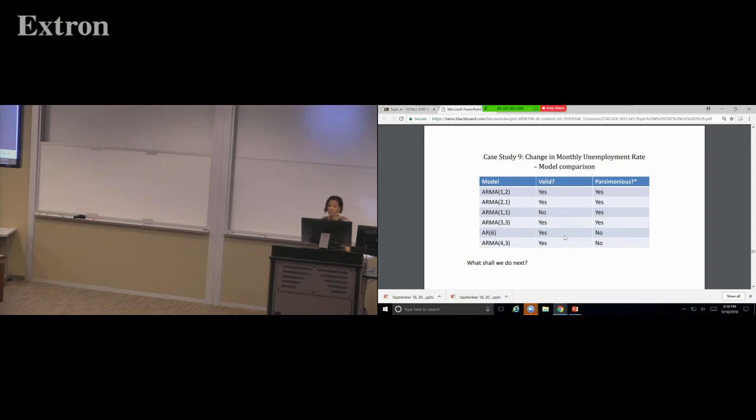We still have 6 on this page, and you ask, how do you know which one to go to? Well, definitely you want valid and parsimonious. You want the mathematical assumptions to be met, which is that our errors are white noise, and you want it to be parsimonious, where all of the coefficients that are supposed to be in that model are significant.